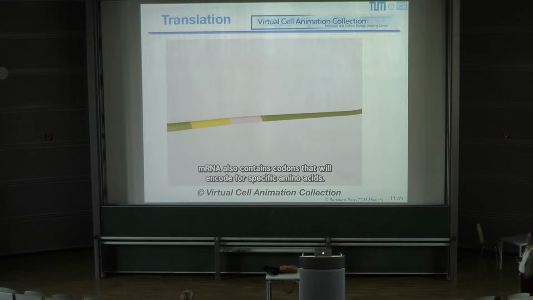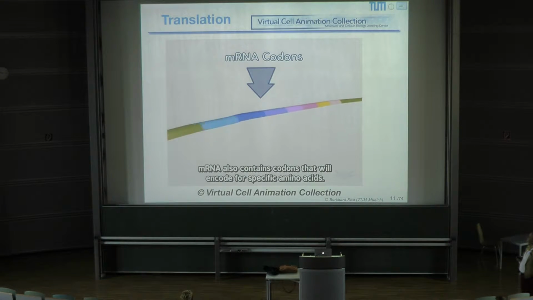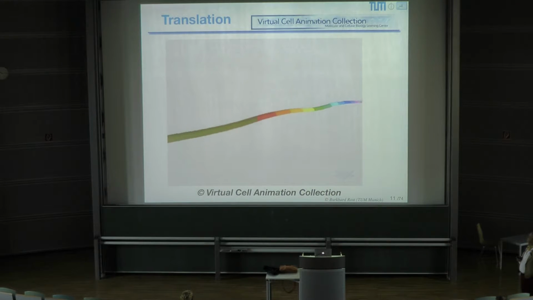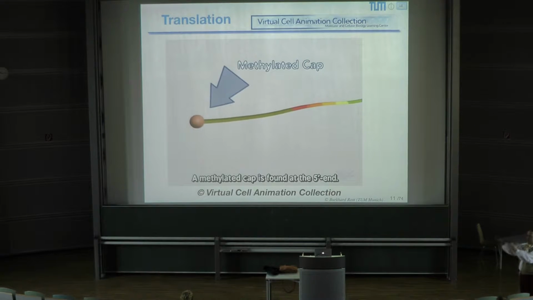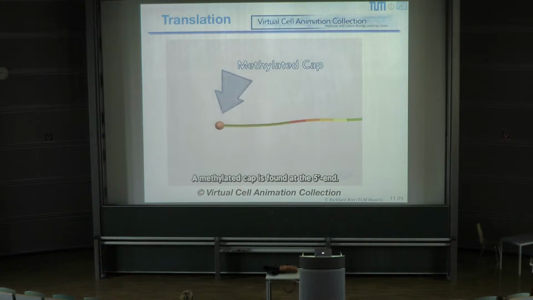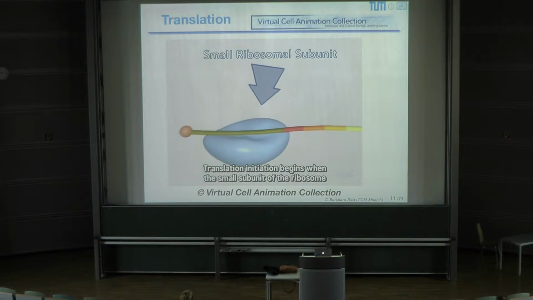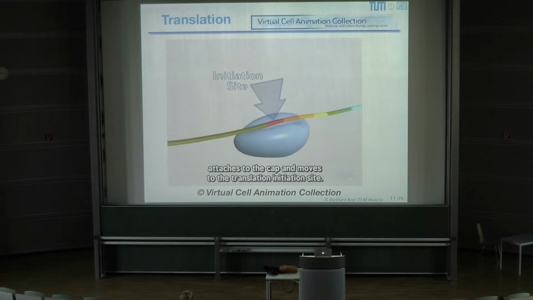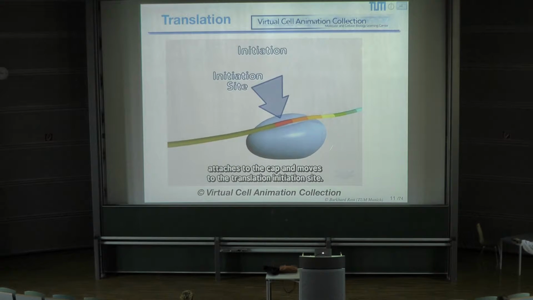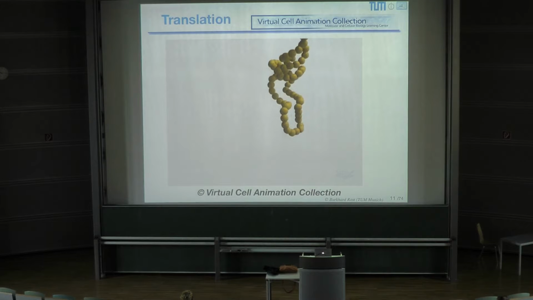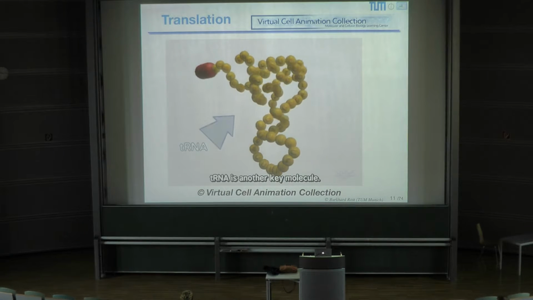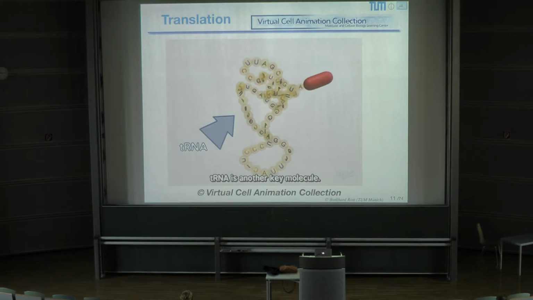mRNA also contains codons that will encode for specific amino acids. So again, codons are 3 nucleotides. 5' end. Translation initiation begins when the small subunit of the ribosome attaches to the cap and moves to the translation. This thing consists of proteins and RNA. tRNA is another key molecule.